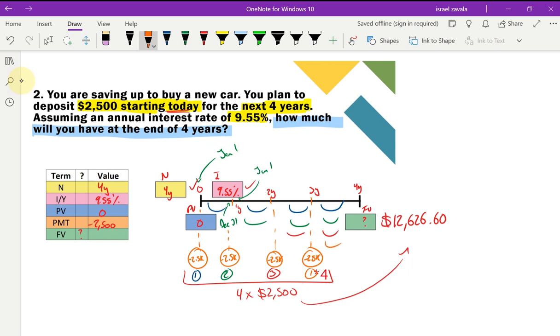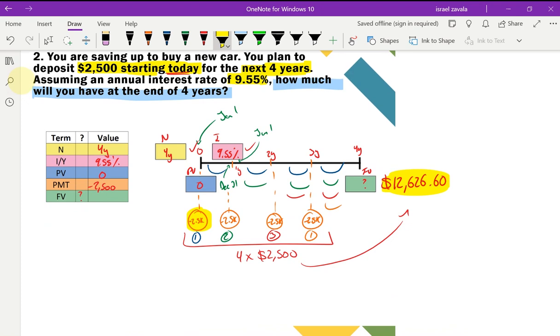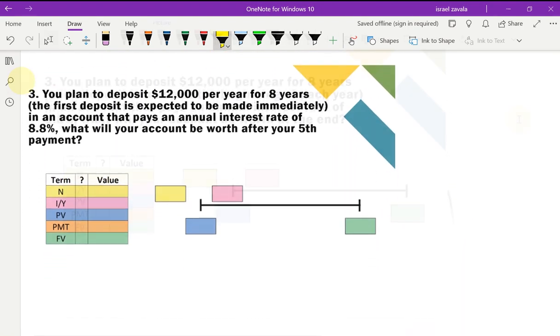Okay, so all that compounding adds up to having a future value of 12,626 and 60 cents. Now, one of the big differences is this initial payment here, right? It's moved to the front, so you get that one whole additional year of compounding and growth. It's kind of important. It's what makes the biggest difference between an ordinary annuity and an annuity due. Sorry, I feel like I'm rambling a little bit. But I hope you were able to catch some of that.